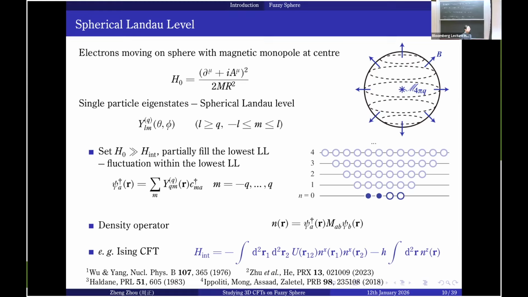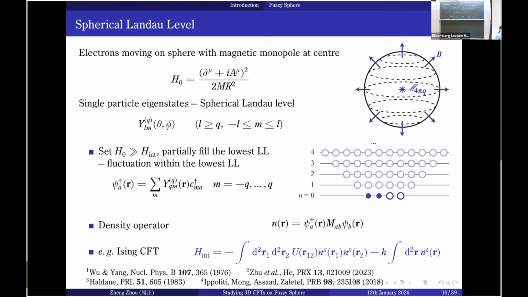Can you remind us what M and U are? We have an M_AB and a U. It's just a matrix that acts on the flavor index. For the Ising model, we have two flavors of fermions, so A, B takes spin up and spin down, and M can take the Pauli matrices.